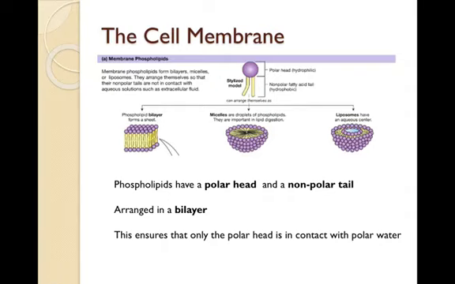So these hydrophobic tails tend to be on the inside of the cell membrane, so that you always have a hydrophobic component between the layers of phospholipids. And so this makes a bilayer, and it ensures that only the polar parts of the phospholipid are in contact with water.